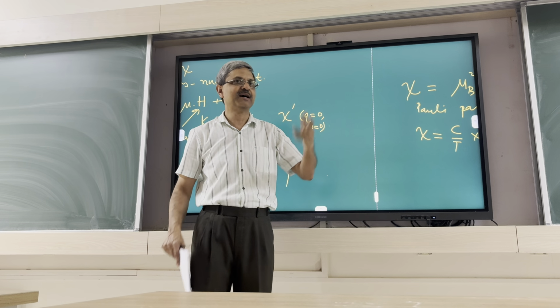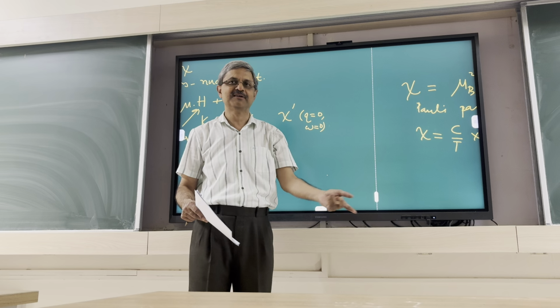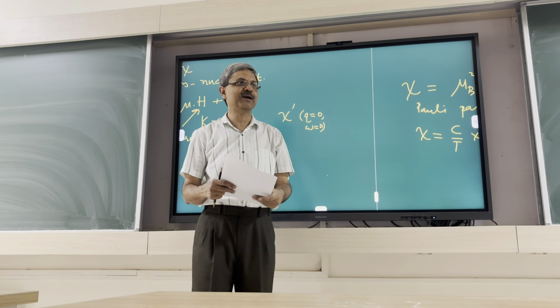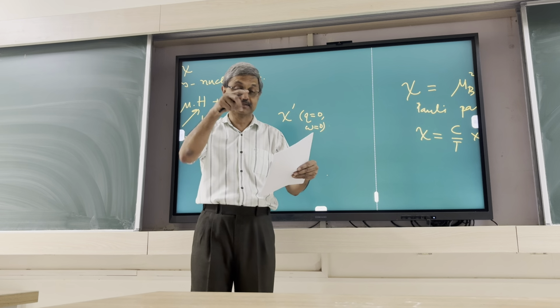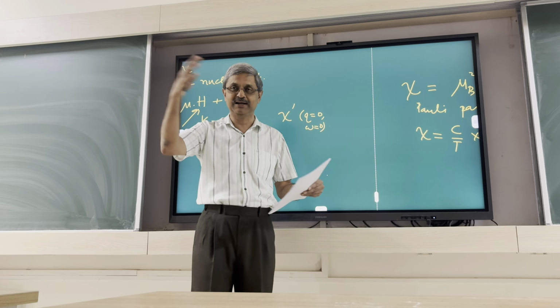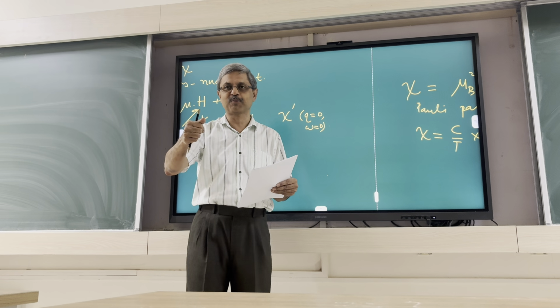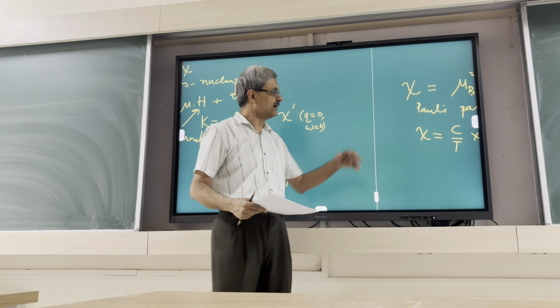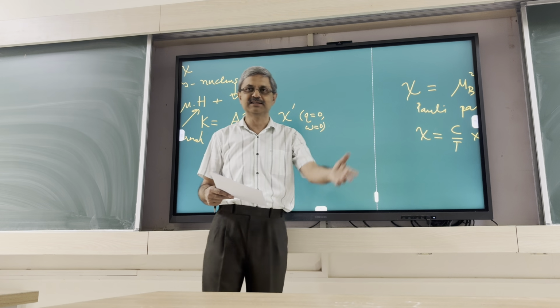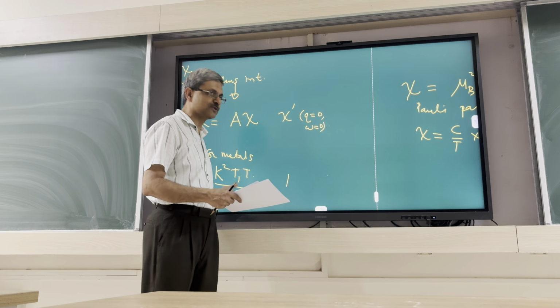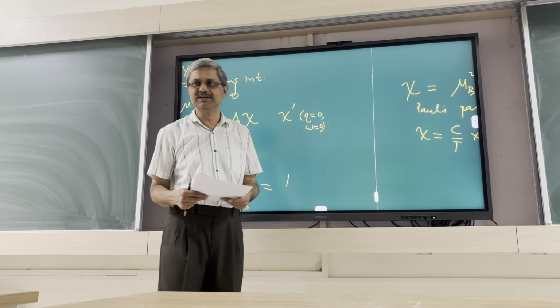For non-spin-half nuclei you have a quadrupolar term in the Hamiltonian: the electric quadrupole moment couples with the electric field gradient in the crystal. That is another term in the Hamiltonian that changes the line shape and also the T1.